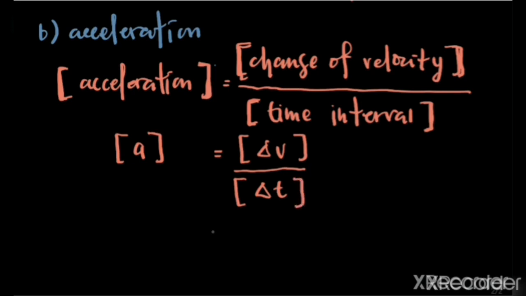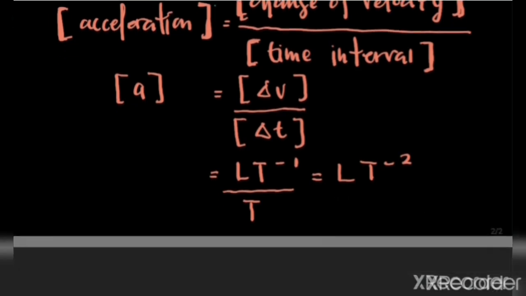If you still remember, the dimension for delta v is LT^-1, and the dimension for time interval is capital T. So the equation is LT^-2. Therefore, for the unit, for length the unit is meter, and for time the unit is second to the power of negative 2.